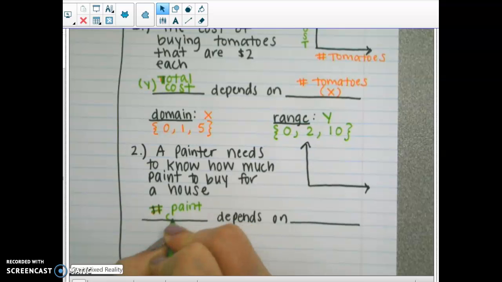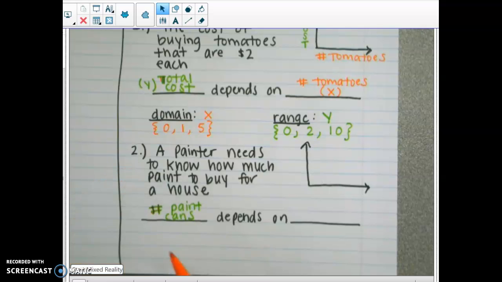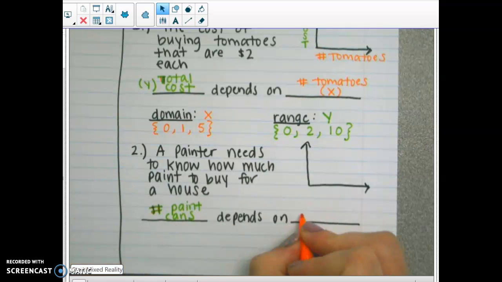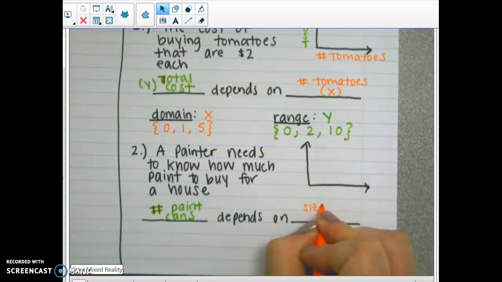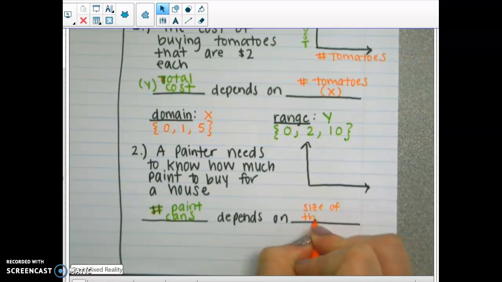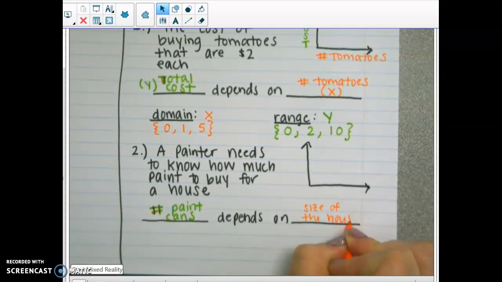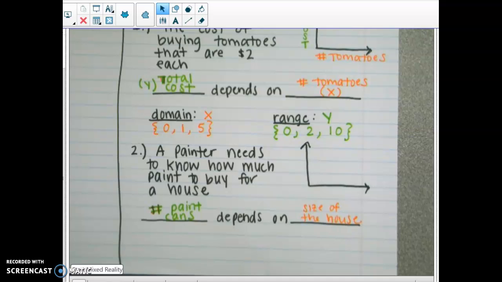The number of paint cans that the painter is going to buy depends on the size of the house. The size of the house can change. Someone could have a small house, someone could have a really big house, but the painter kind of needs to know how big the house is before they know how many cans of paint that they're going to need.